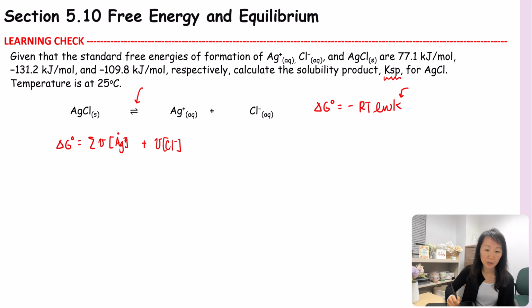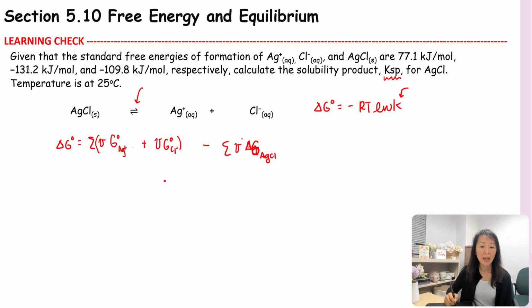I'm writing delta here, not G. I meant G. G's for silver ion, and then G for chlorine ion. And then you're going to subtract that, okay, all of this, subtract, and then with the summation, well, there's no really summation because of reactant, there's only one with the coefficient silver chloride. Keep doing that. G of silver chloride. Okay, now we can go ahead. Not delta G, just G.